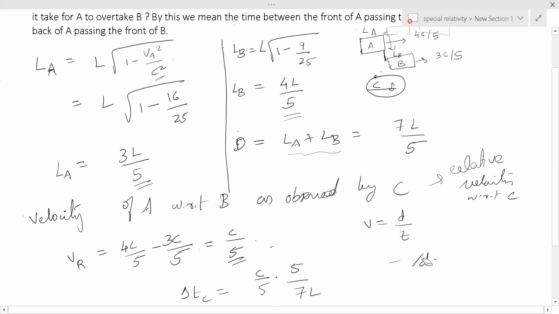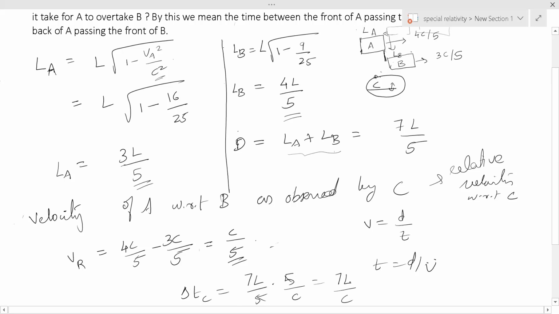So time taken is distance by velocity. The distance is 7L/5, divided by the velocity, which is c/5. So that's equal to 7L/c.